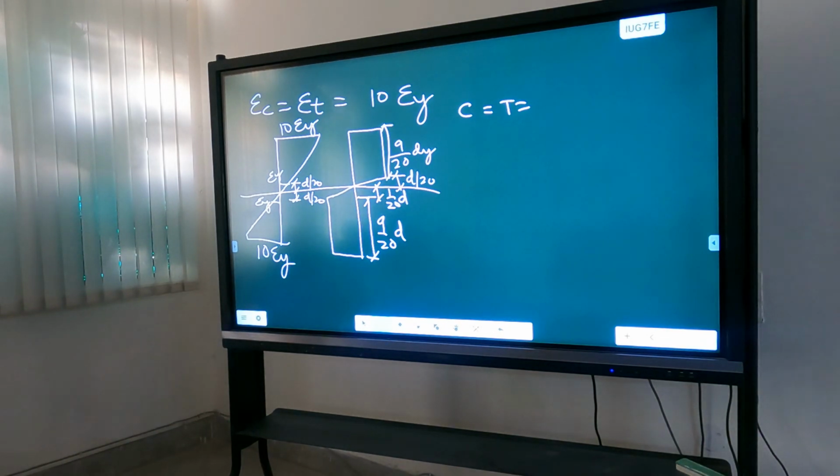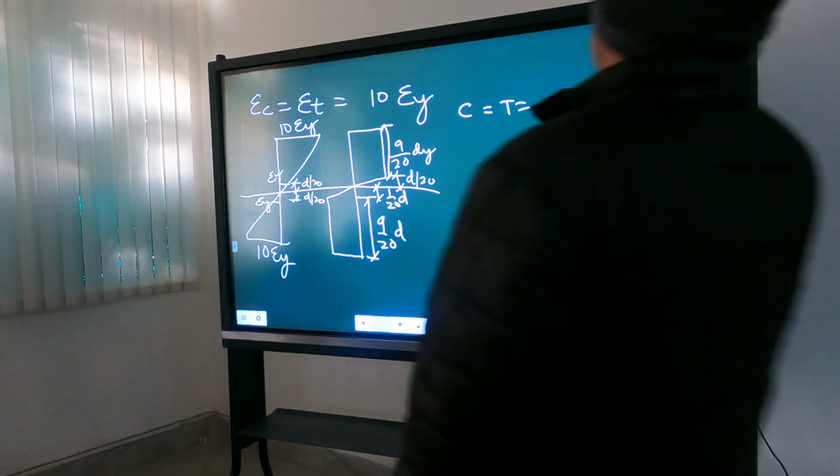You can calculate in decimals. 19 by 40, in decimal it is how much? 0.47.